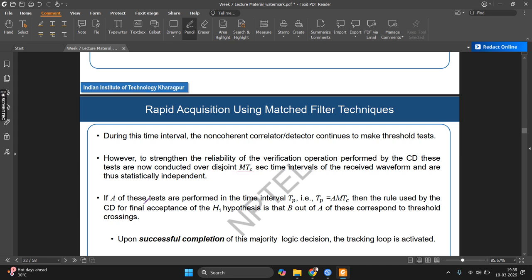When you have done B successful threshold crossings, you will say that your PN sequences are in sync. So you are not making the decision instantly, but you are waiting for B decisions out of total A tests to be in your favor.